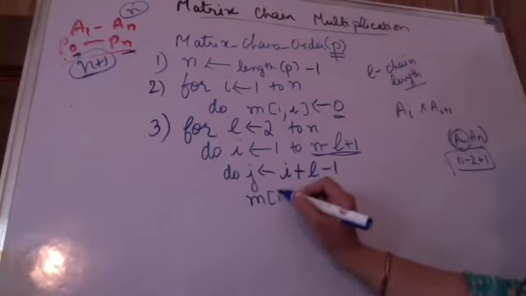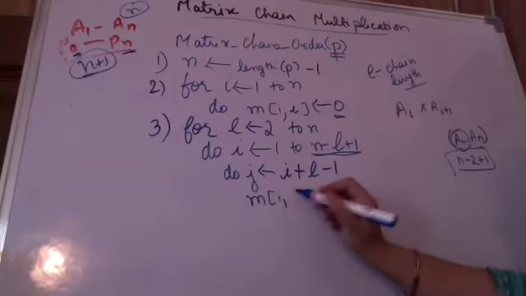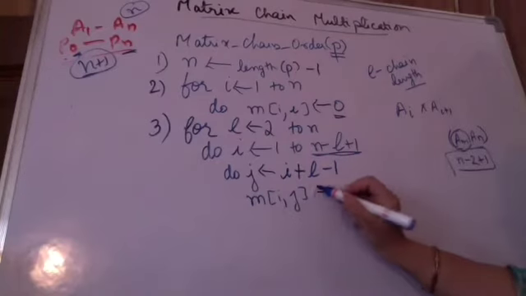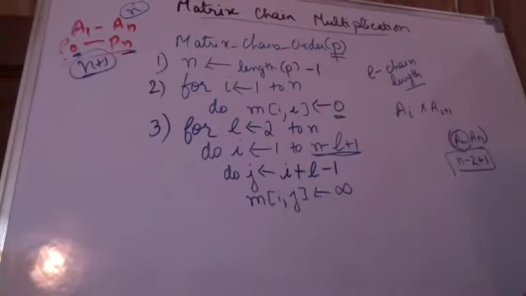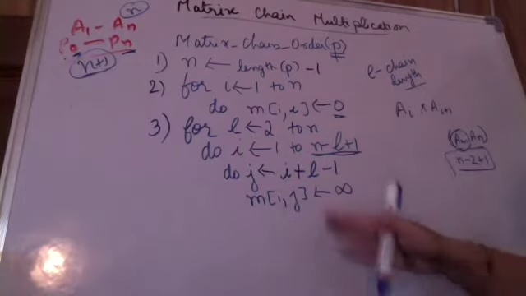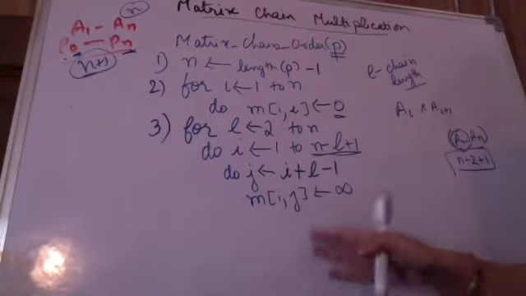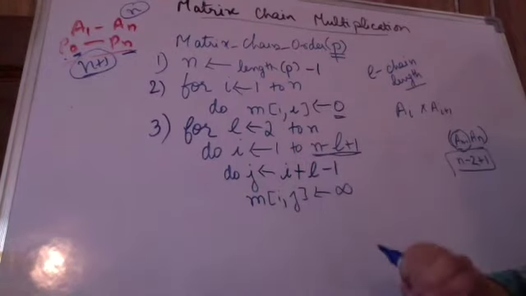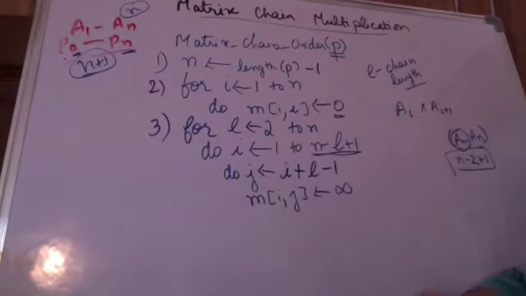Initializing all m[i][j]s to be infinitely large, because later we will compare and find the minimum. So far we have only run the loop for chain length. Now for every chain length we try to find the minimum. How do I find the minimum? I have to find the value of k where I can break.